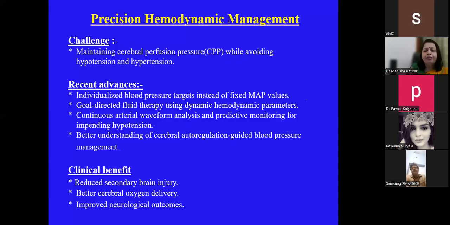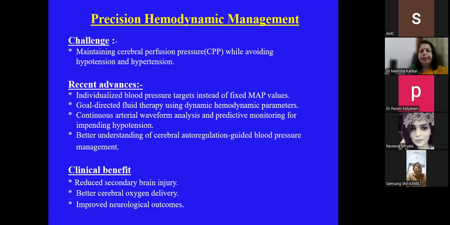Invasive arterial waveform may be needed in a few patients, like vascular tumor, bleeding aneurysm, massive subarachnoid hemorrhage, or a very big tumor compressing the posterior fossa. So in many cases we need to put in intra-arterial invasive blood pressure monitoring, and the clinical benefit of this is reduced secondary brain injury.